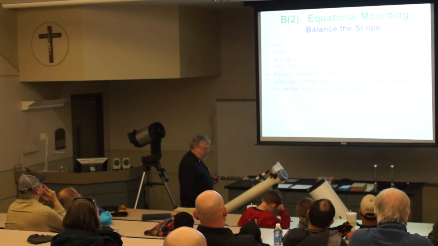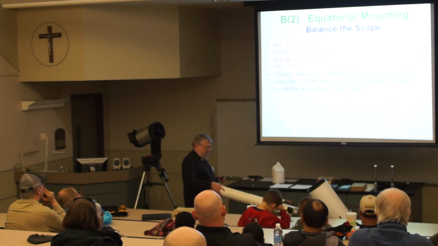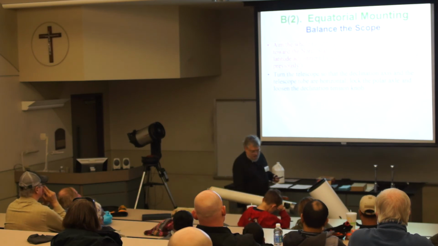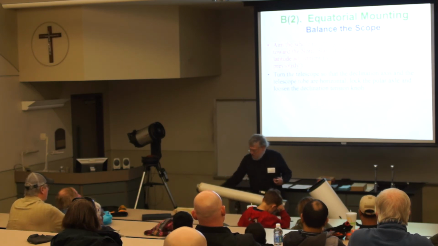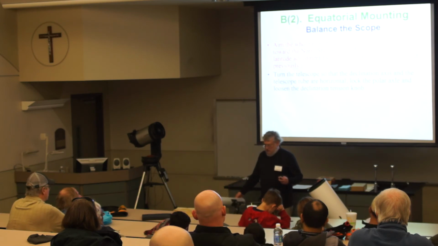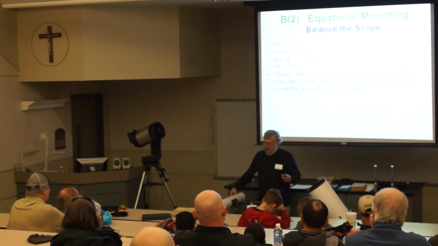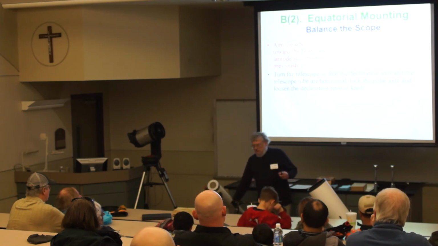Then turn it to where the telescope is aimed horizontally. I'll see if I can get this where I'm not bumping into various telescopes, along the declination axis like this. And you should be able to move it and let go of it with it staying put.